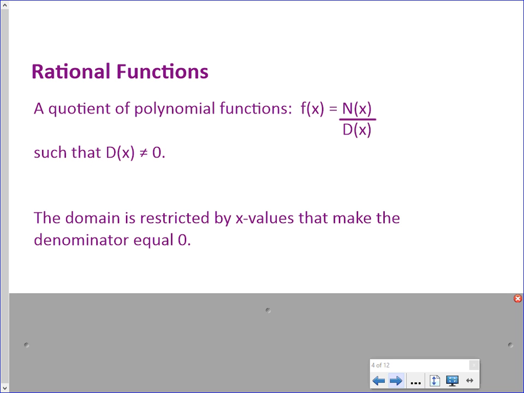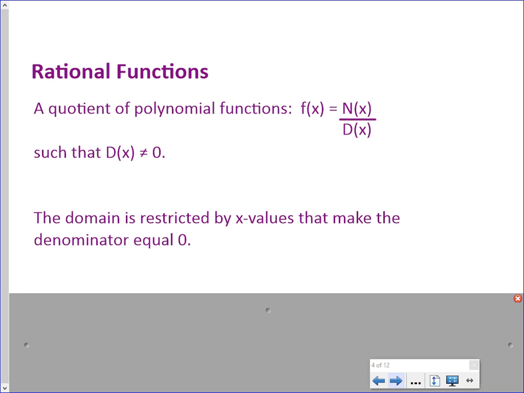Now, a big difference moving into chapter 2 is some of our rational functions will look different. I could have a quadratic in the denominator now. Before they were always linear in chapter 1. And if a quadratic is in my denominator, it's possible that there are 2 values that make my denominator equal 0.